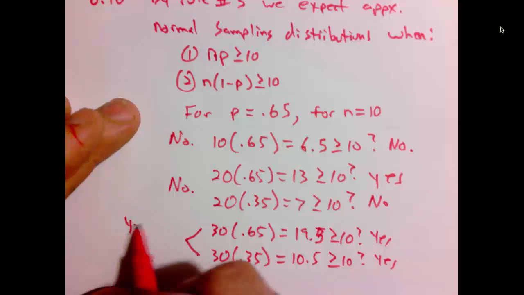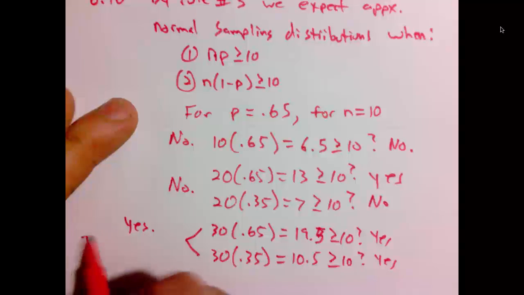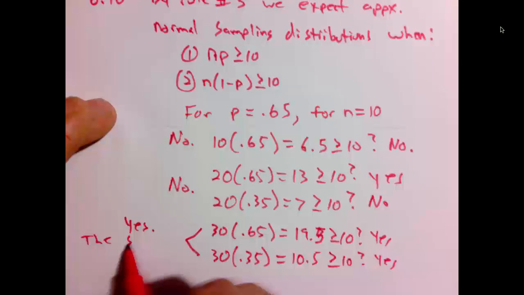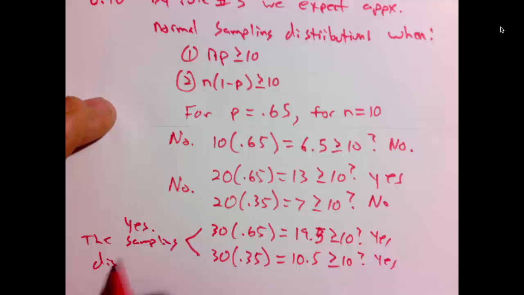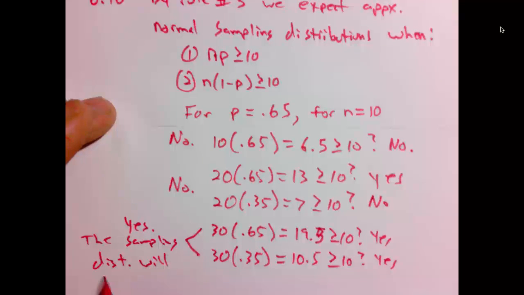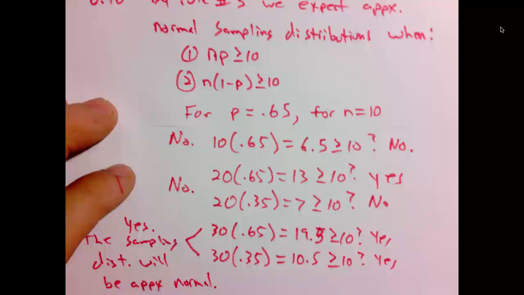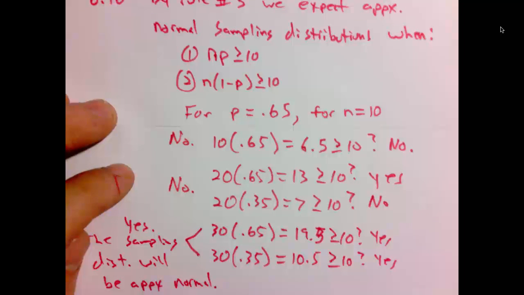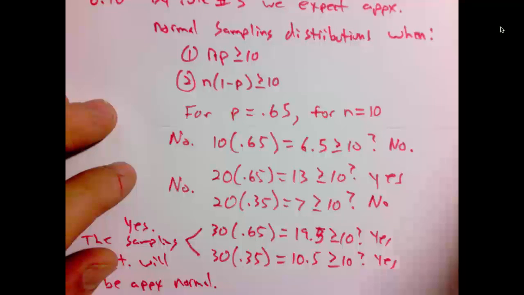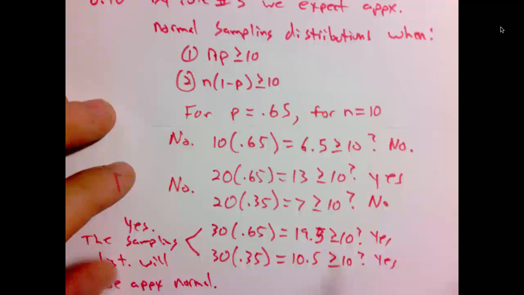yes, the sampling distribution will be approximately normal, and thus it will be for everything larger than that, so for 50, 100, and 200. We've shown it for 30, then it will be for the rest.